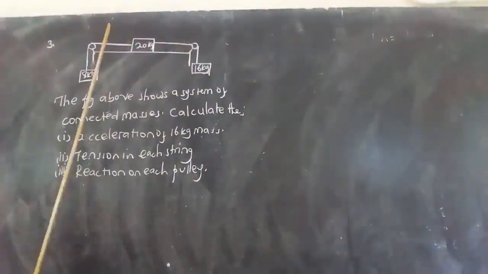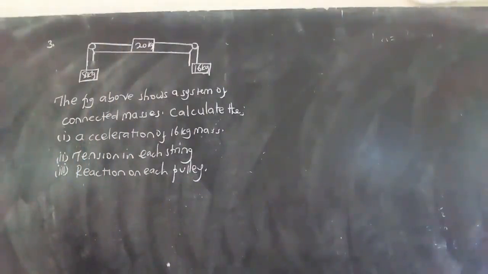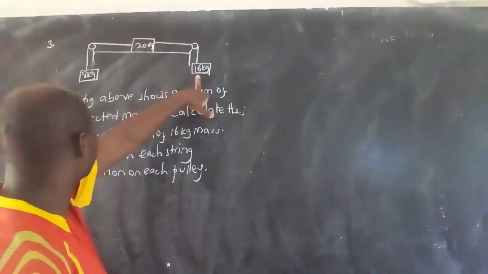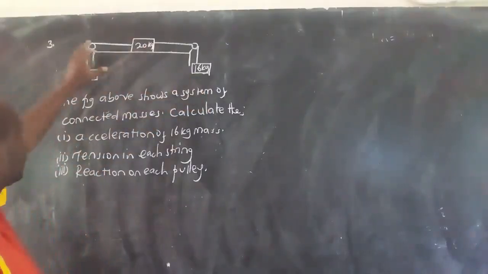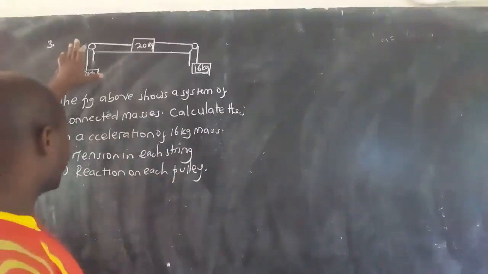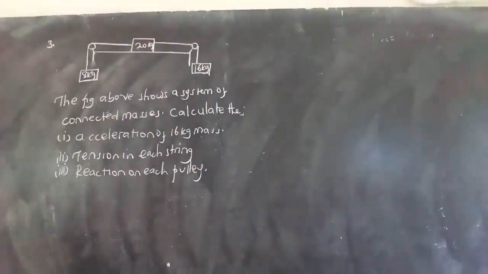Okay, so can we go and look at it now? So this is number 3, showing us that these are masses which are connected using inextensible strings. So you can see 20 kilogram mass is connected to 16 kilogram mass, and then 20 still is connected to 8 kilogram mass using inextensible strings. So now I want to look at what we do.